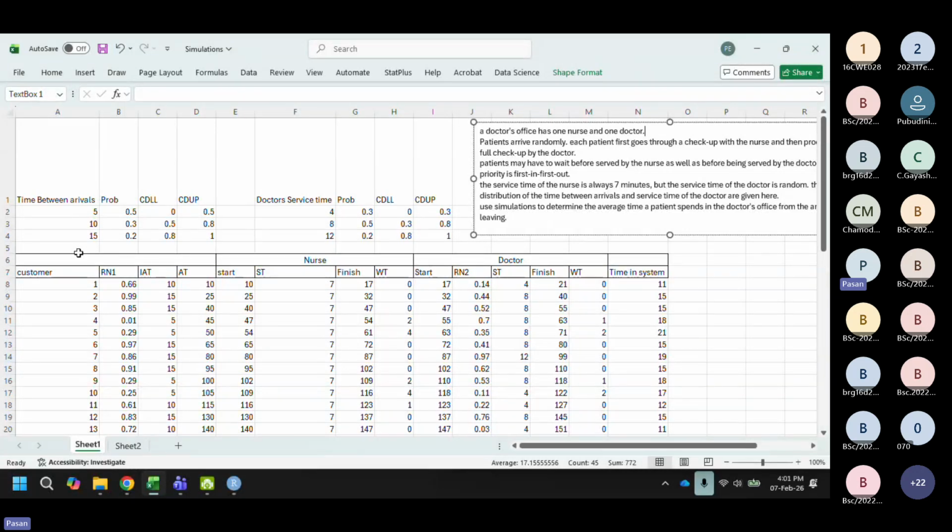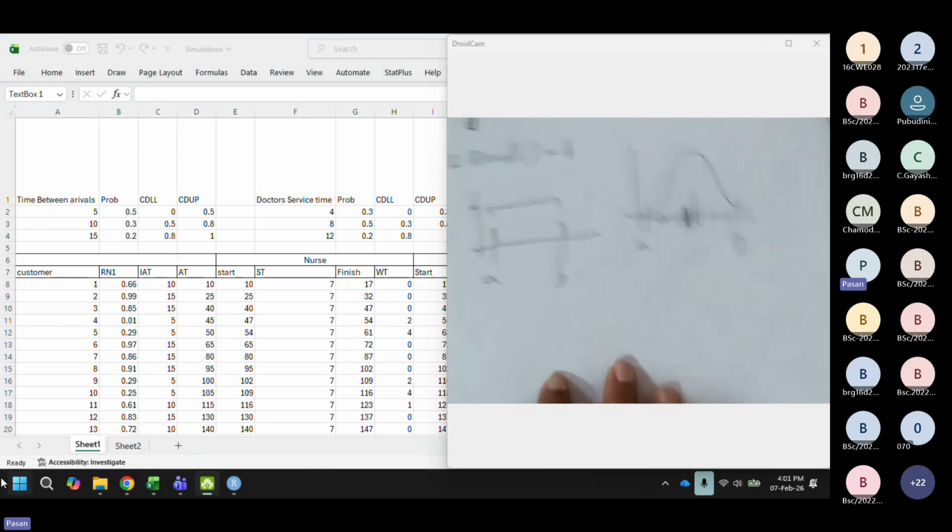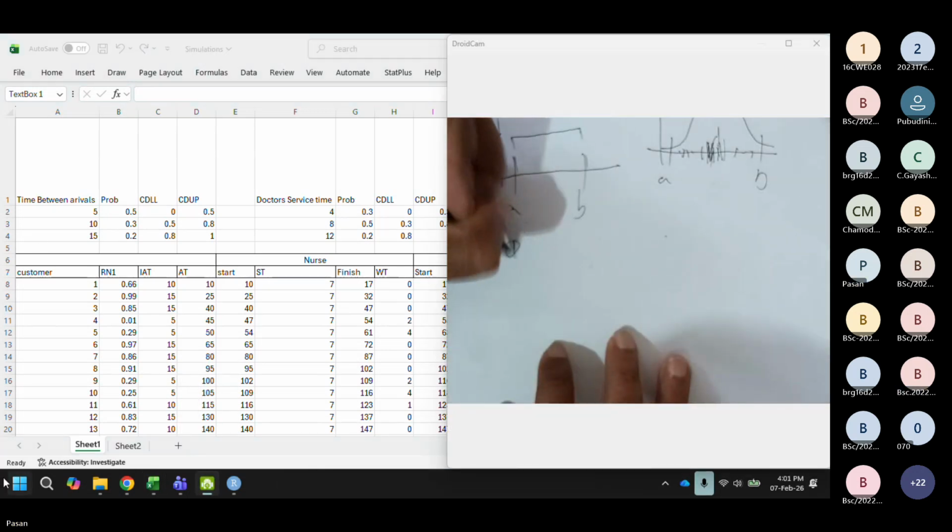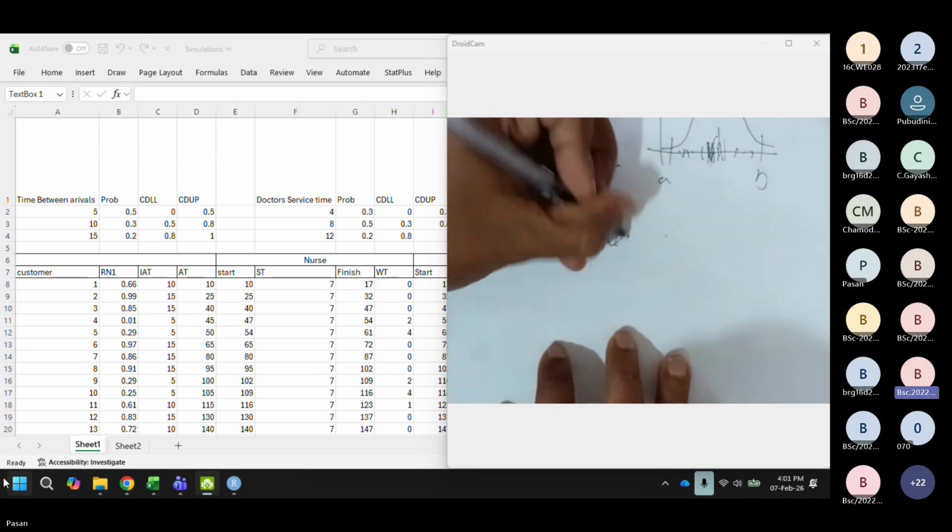So now, first of all, let me introduce in general what a queue is, right?